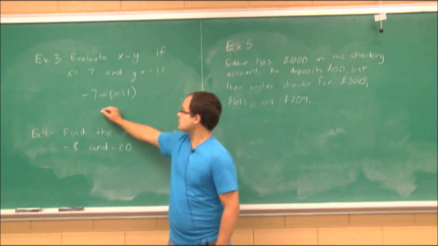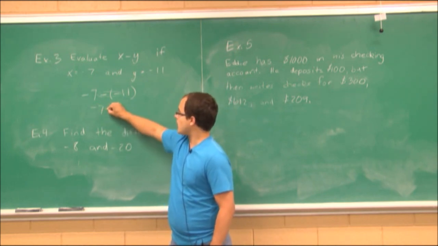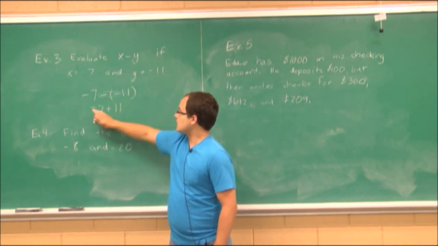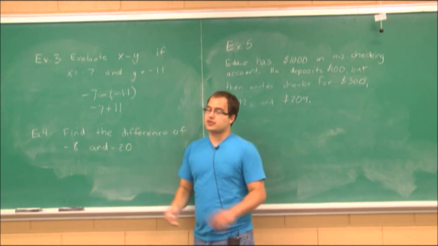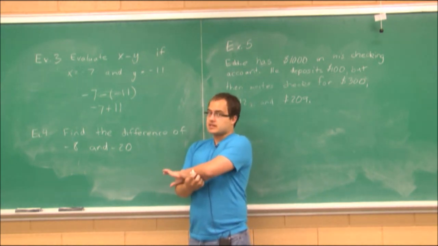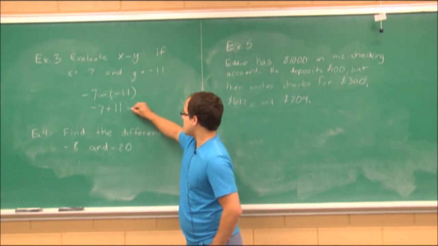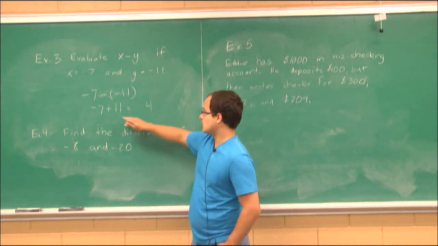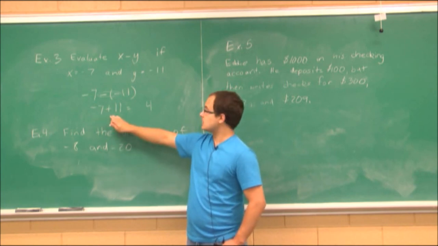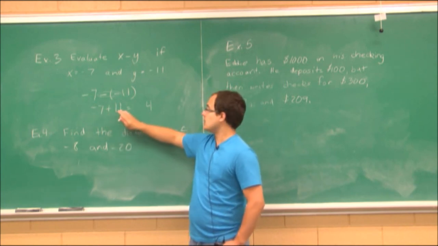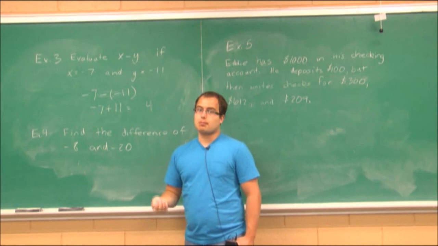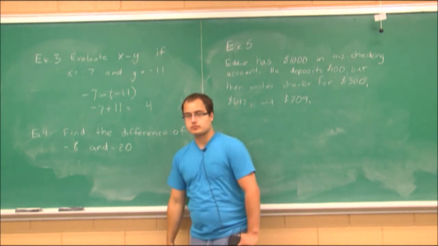So two negatives make a positive. Now these two numbers do have different signs. Because they have different signs, I have to subtract them. 11 minus 7 is 4. Now the larger value is 11. Since the 11 is positive, my answer will be positive, so +4.